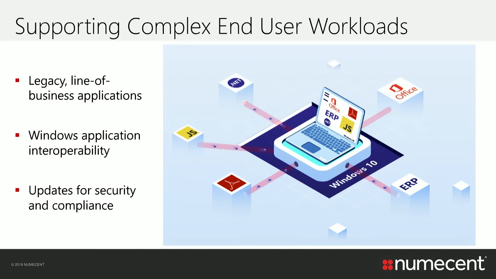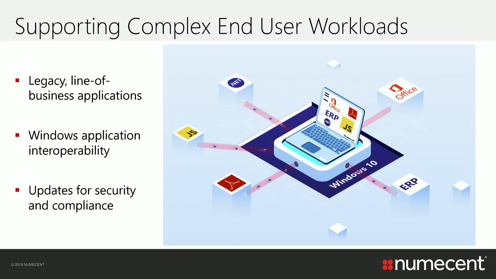Let's say you have some legacy line of business applications. Windows has been around for decades, and because of that, there's a rich number, hundreds of thousands of applications written by either ISVs or in-house homegrown applications. It's a challenge to get these applications to continue to work, and yet they're business critical a lot of times for them to work.